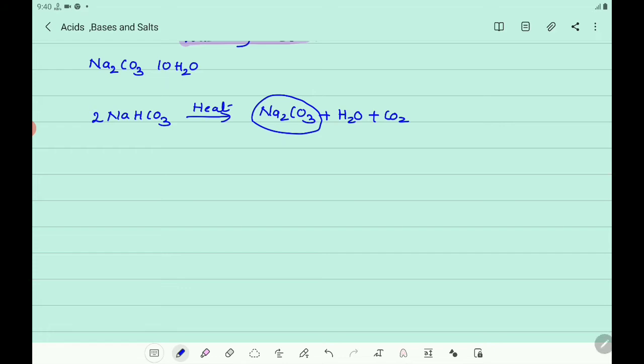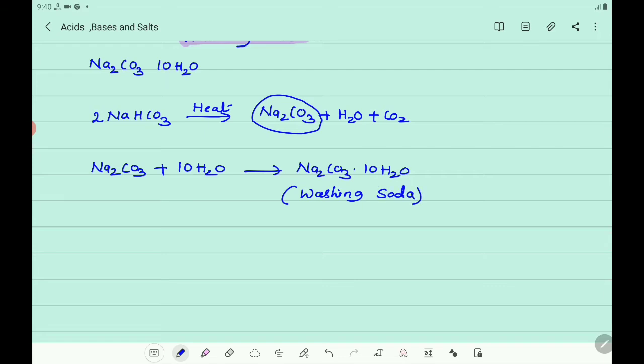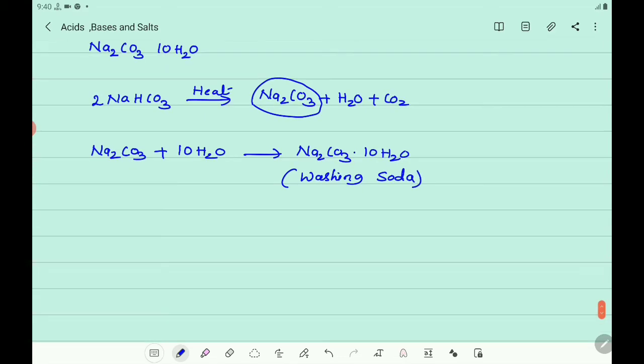So you take Na2CO3 plus 10H2O, which gives Na2CO3 10H2O. Now it is washing soda, and it is also called sodium carbonate decahydrate.